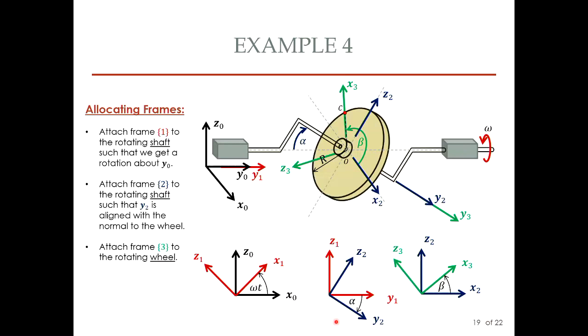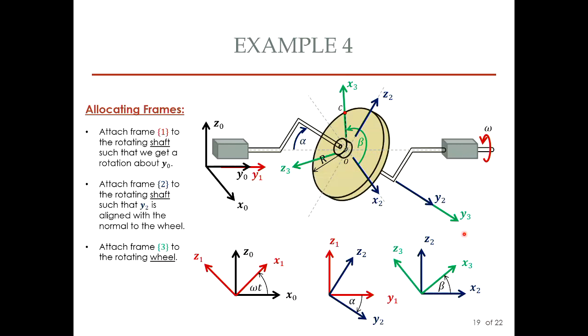Try to remember. And then finally, the green frame 3 is attached to the wheel. So frame 3, the label 3, goes together with the wheel. And this is rotation by beta about the negative y2 axis.